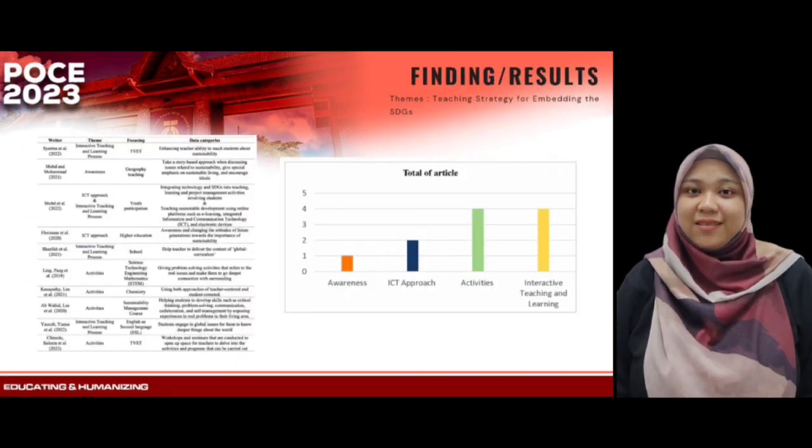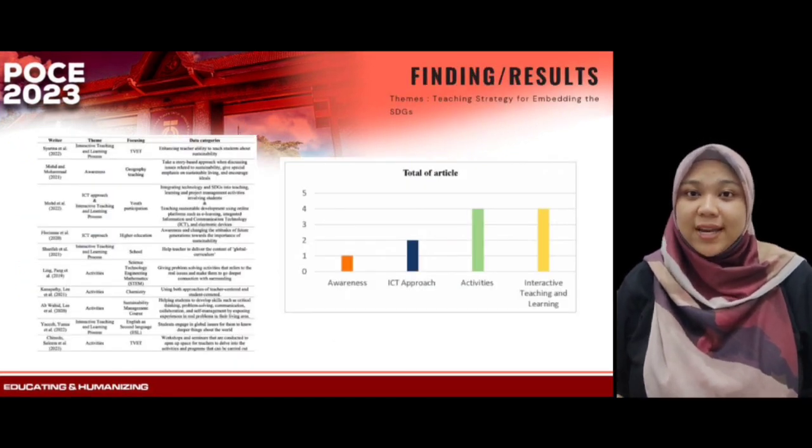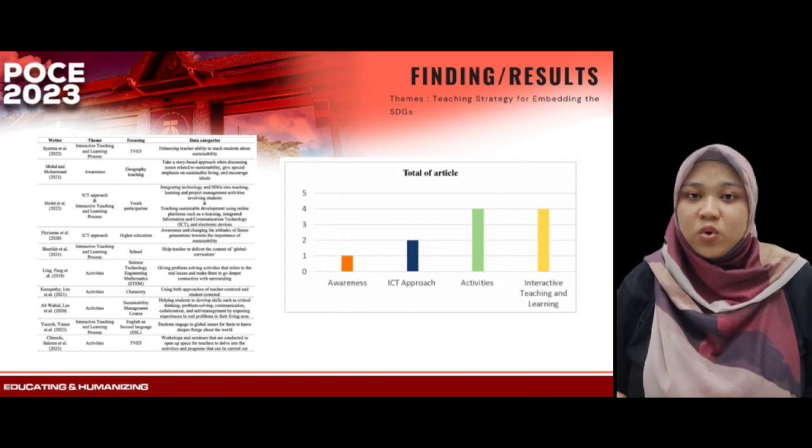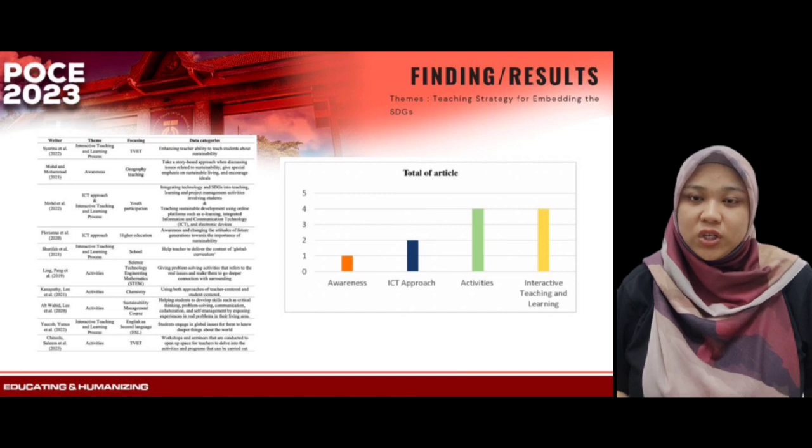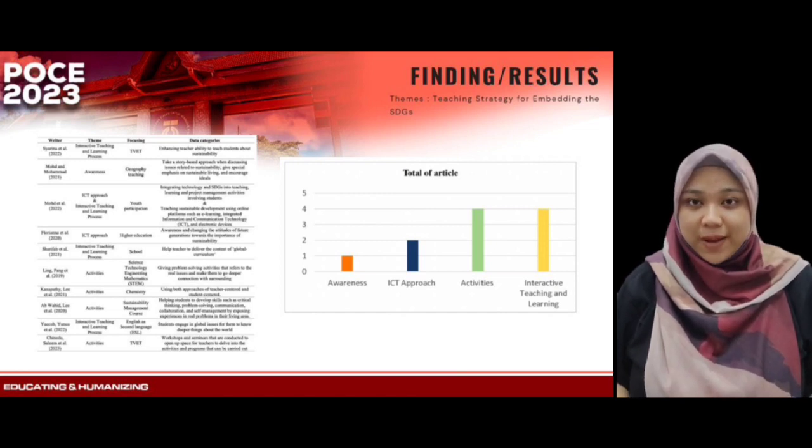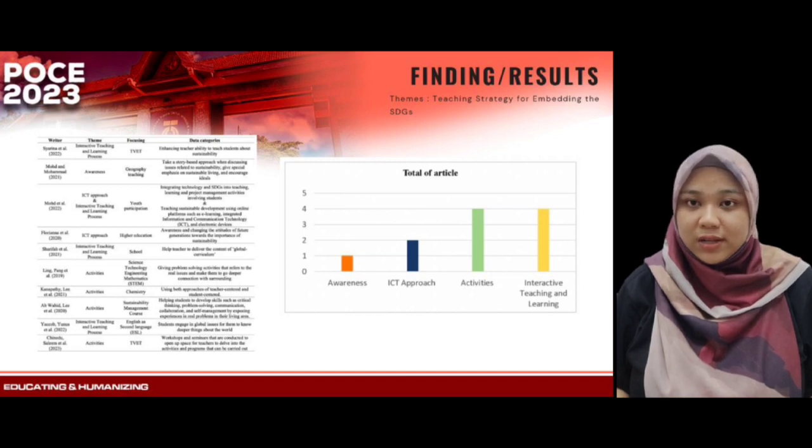Based on the findings, there are 4 themes that we identified to explain the teaching strategies that can be used for embedding the SDG, which are awareness, ICT approach, activities, and interactive teaching and learning. Each article contributes a different perspective on the teaching strategy that can be applied to embed the SDG into the Malaysian curriculum.